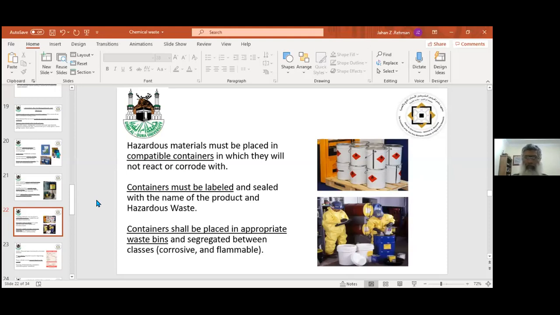Containers must be labeled, because if there is no label on the container, then you are guiding the person in a wrong direction. It shows that you are not responsible for these chemicals. Sometimes it happens in the lab that, for example, I forget what I want to throw, whether it is an organic chemical or an inorganic chemical.